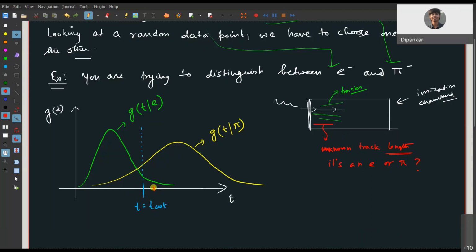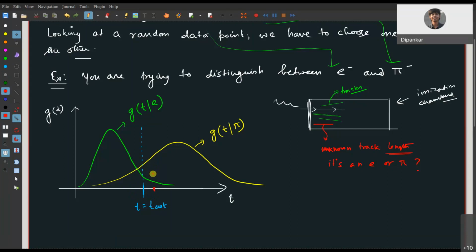And if this unknown track length is below this cutoff point, then it is more likely to be an electron than a pion. Okay, so this is my t cut. I have chosen it apparently arbitrarily as of now, but there is a certain way you can choose that, but you get the essential point.